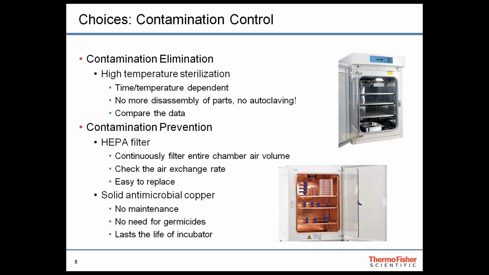As with all sterilization, it's dependent upon not only the temperature, but also the amount of exposure time. This means that you no longer have to spend time and money cleaning with chemicals or disassemble the incubator parts, then put everything back in the autoclave, and then carefully put it all back in the incubator, all the while trying not to reintroduce contamination.